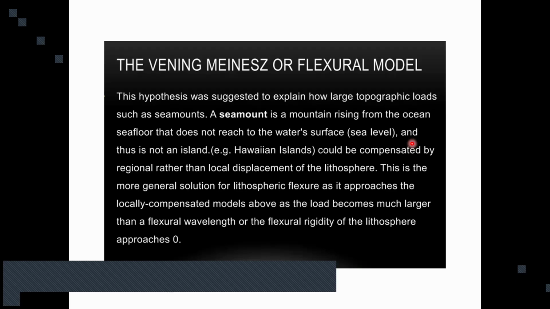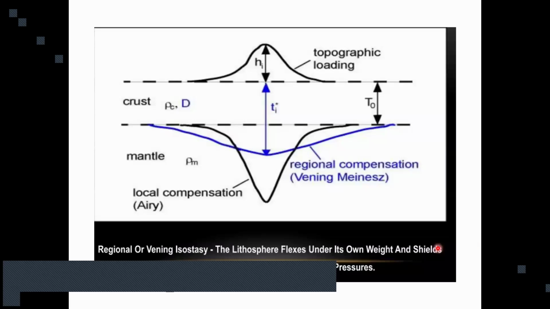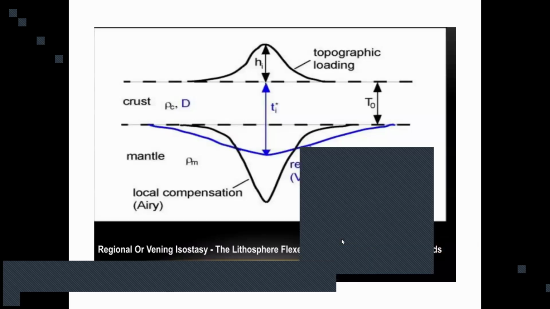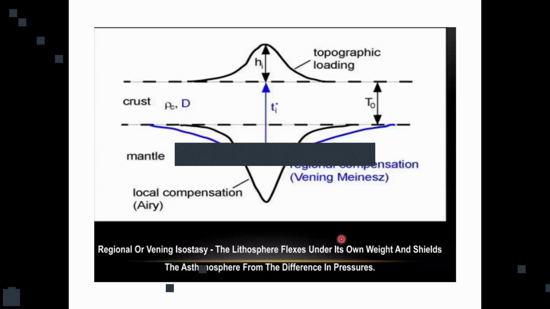Because it's not an island, because it does not extend to reach the water surface, it can be compensated by regional rather than local displacement of the lithosphere. This is the more general solution for lithospheric flexure as it approaches the locally compensated models. So this is the figure that explains the flexural model.